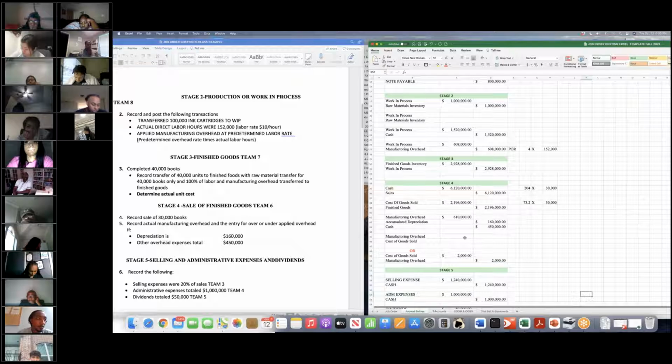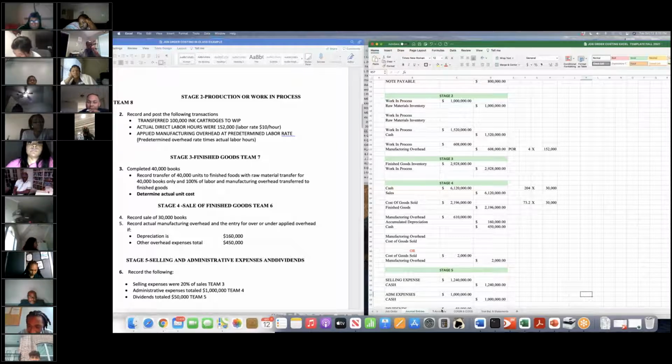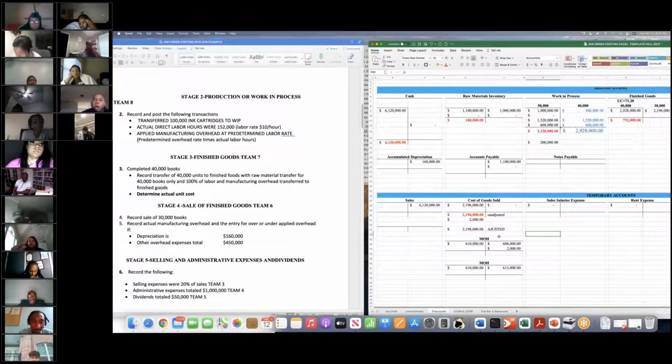So we would be up here if we over applied because cost of goods sold is too high. So that 5,000 scenario would have the accounts looking like this. But in our scenario, when we don't apply enough, it's these two accounts, you just got to get them the right way. Either you debit cost of goods sold, crediting manufacturing overhead, or you debit the manufacturing overhead, crediting cost of goods sold. So it's not that big a deal.